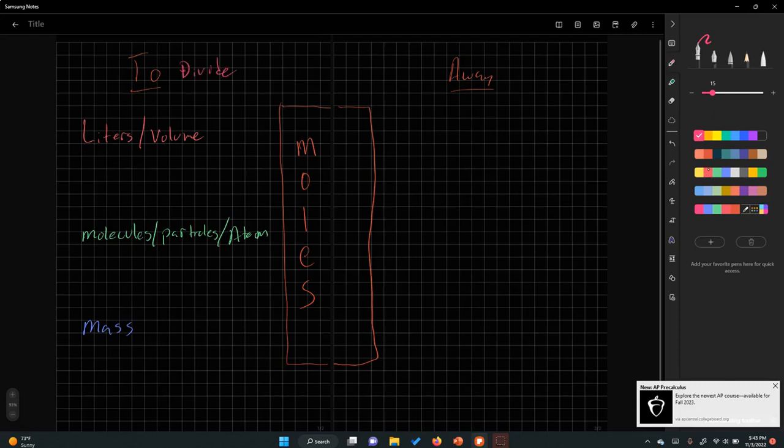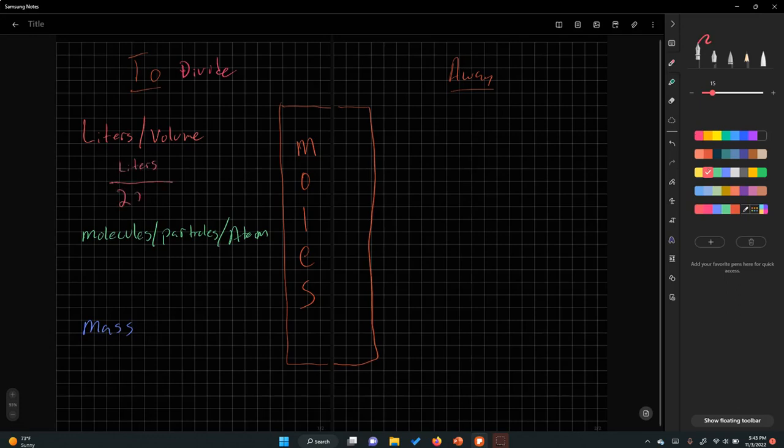So anytime we start out with liters, molecules, or mass, we always want to divide by a number, and that number is going to be our conversion factor. For liters, whatever the liters is up here, we want to divide by 22.4.